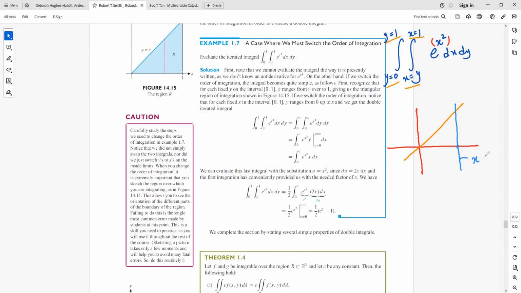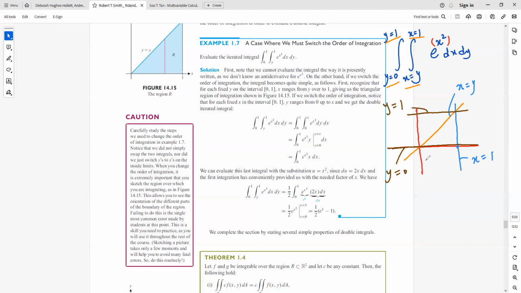So this is x equals 1, this is x equals y, and then y equals 0 is this line, the x-axis. This line is y equals 0 to y equals 1, and y equals 1 is this line.